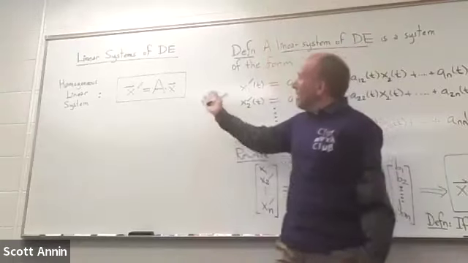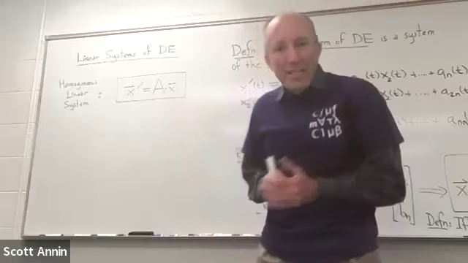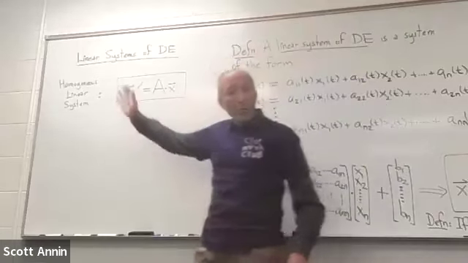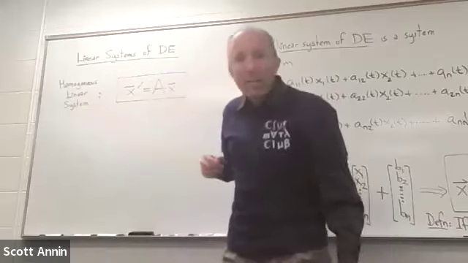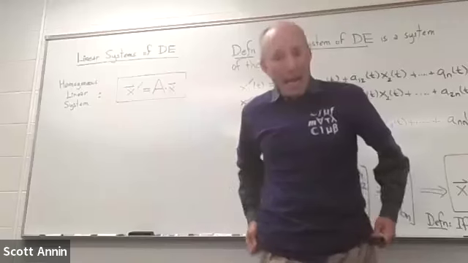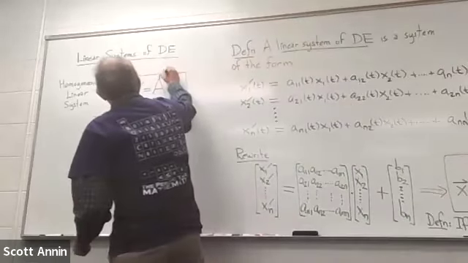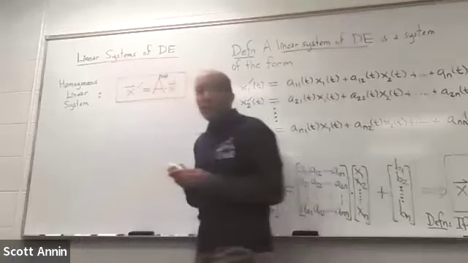And so here I've written down what that would look like. There's no b vector in this case because b is equal to 0 for a homogeneous linear system. And so it is simply going to look like x prime equals Ax. And remember that A will always be an n by n matrix. It will be a square size.